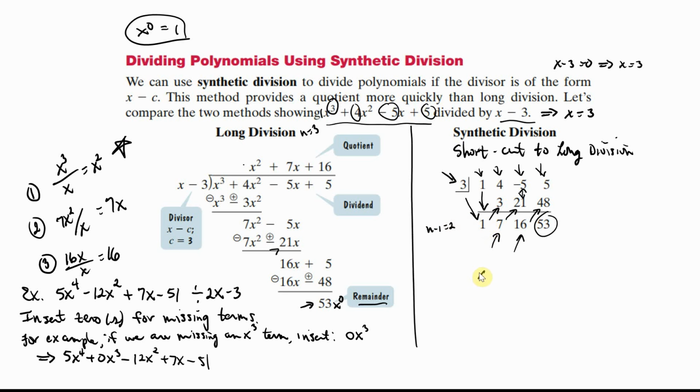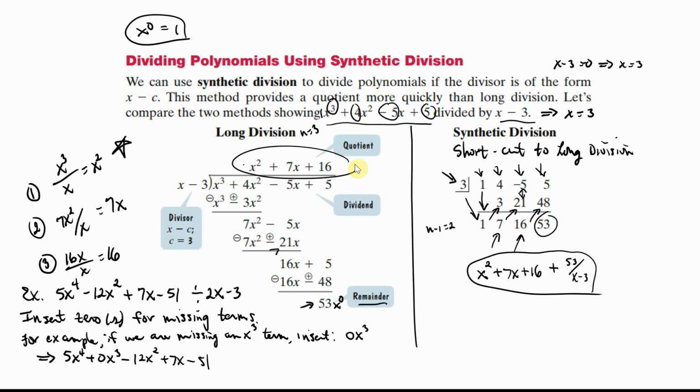So I'll start with 1 times x to the second plus 7x plus 16, then plus the remainder, 53 over that binomial, x minus 3. So you get the same thing with long division or synthetic division. Synthetic division is just the shortcut.